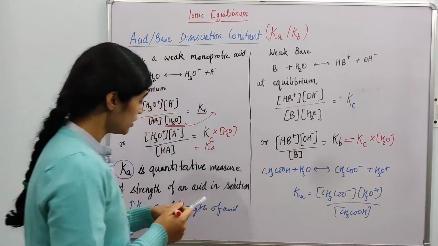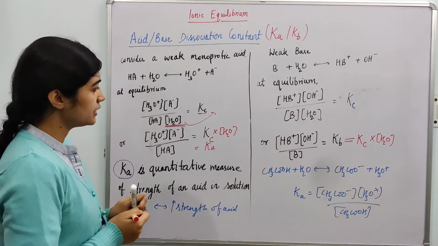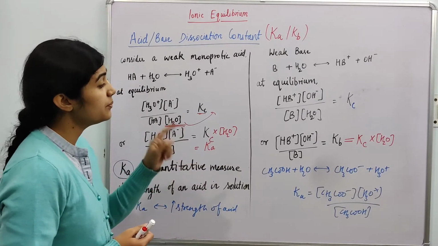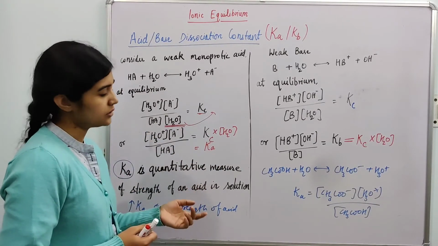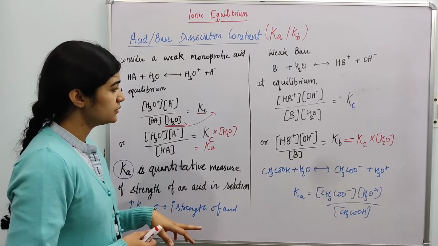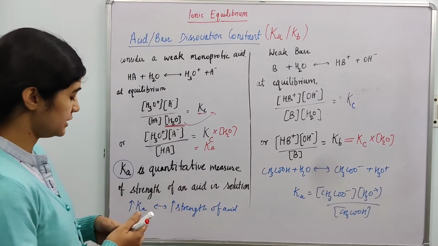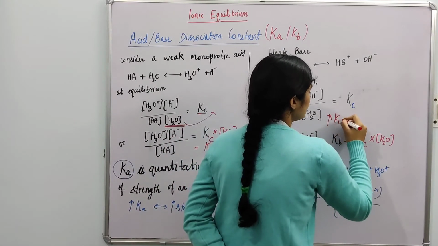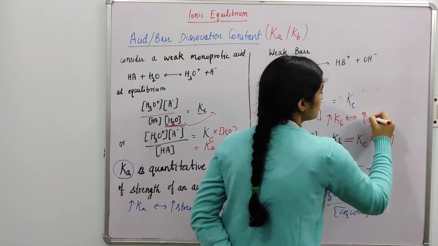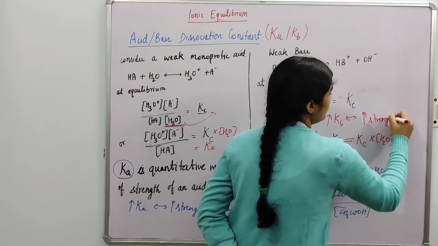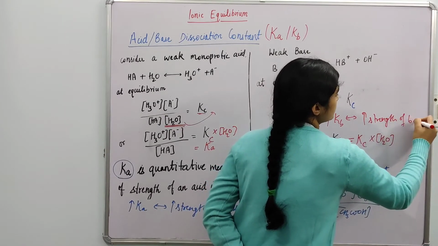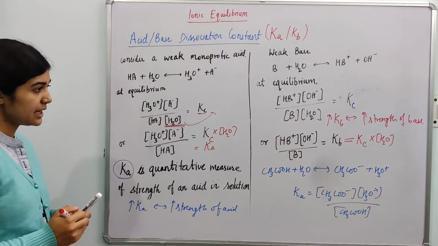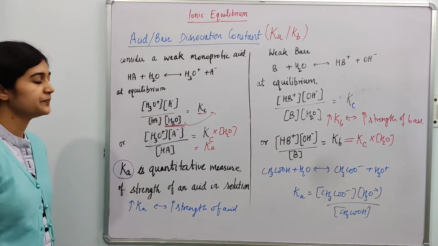So here also Kb is a quantitative measurement of the strength of a base in a solution. Alright. So a similar relation exists in the case of Kb also. Higher the Kb, higher is the strength of base. So this is the relation between Kb and the strength of the base.